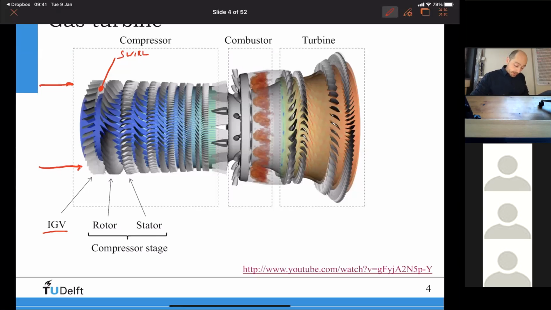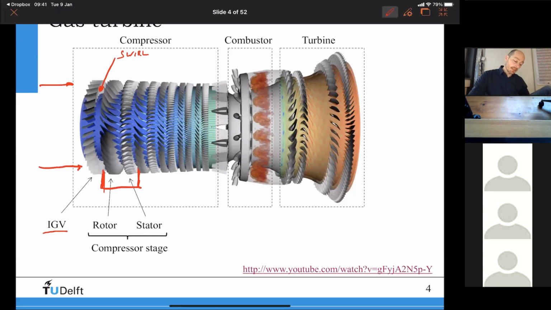Once you have passed the inlet guide vane, you are in this part, and for the compressor you have first a rotor, a number of blades which rotate at a certain angular velocity, which adds angular momentum to the fluid. I will discuss this in more detail later.